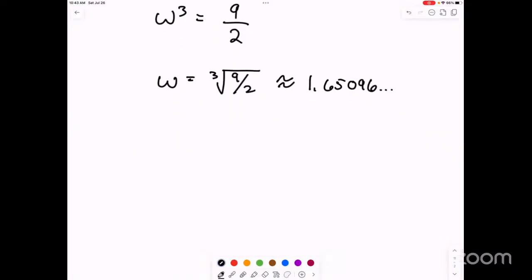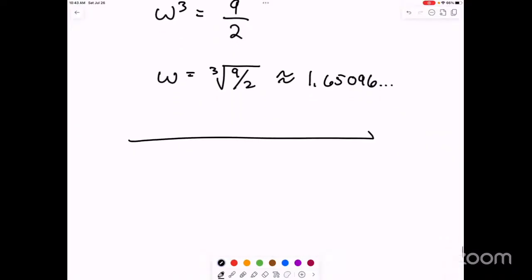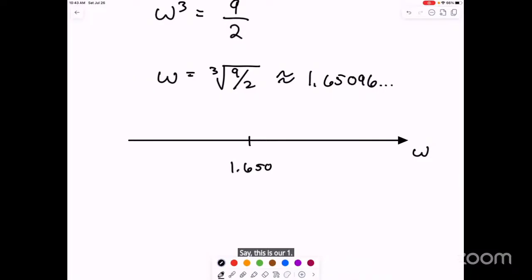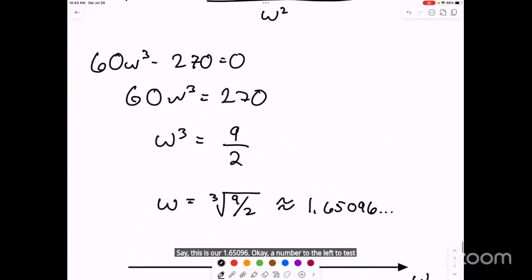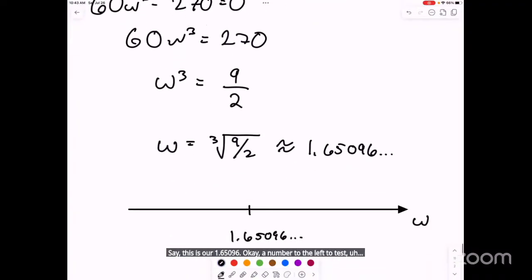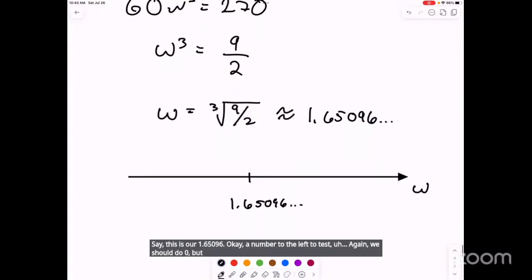Okay. Say this is our 1.65096. Okay, a number to the left to test. Again, we should do 0, but I'm not going to do it here.